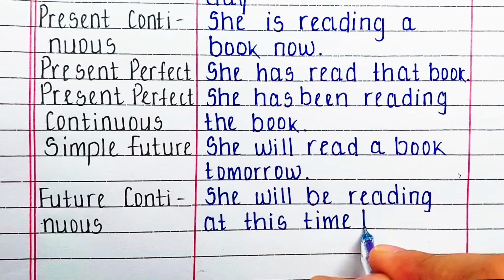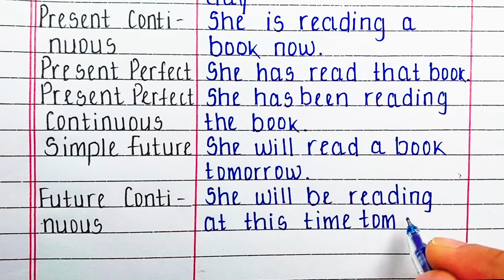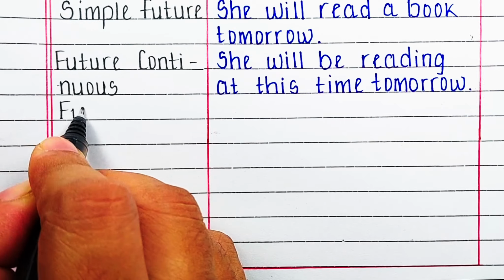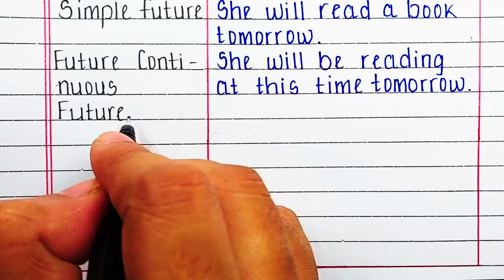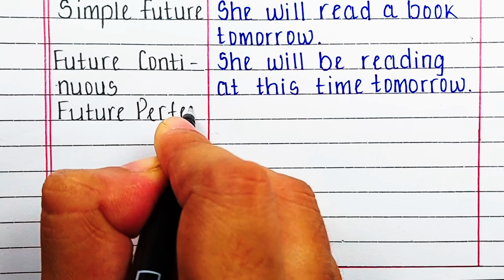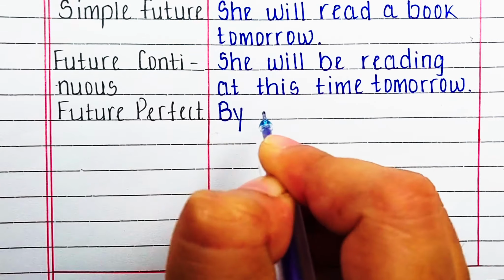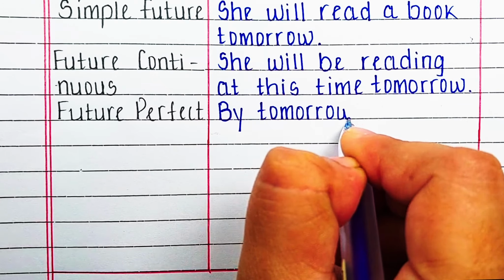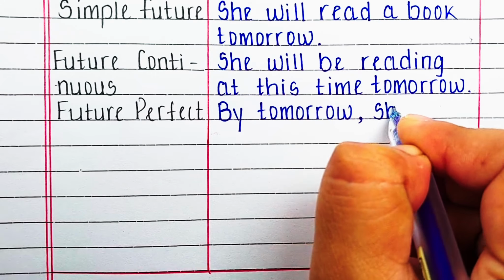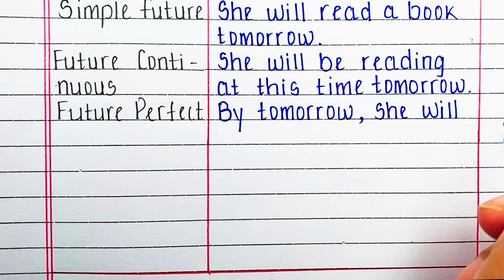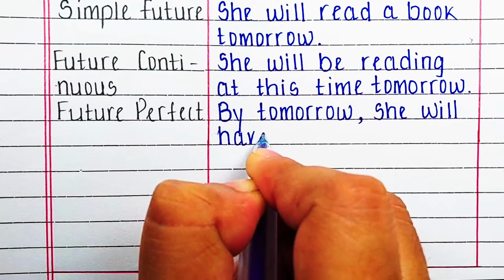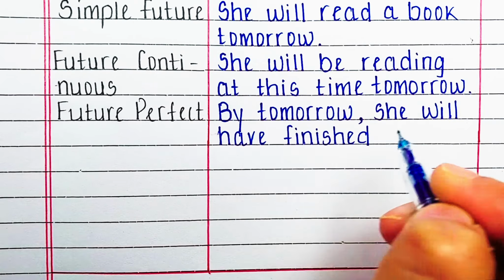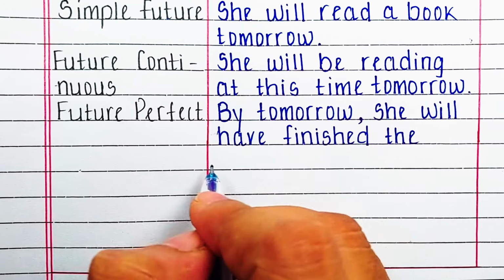Next, future continuous. In future continuous, we will write, she will be reading at this time tomorrow. Next, future perfect. In future perfect, we will write, by tomorrow, she will have finished the book.